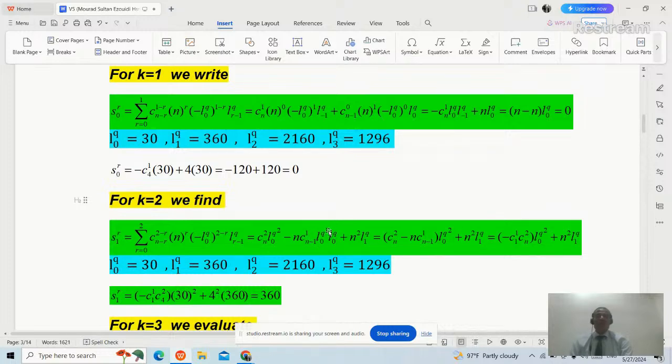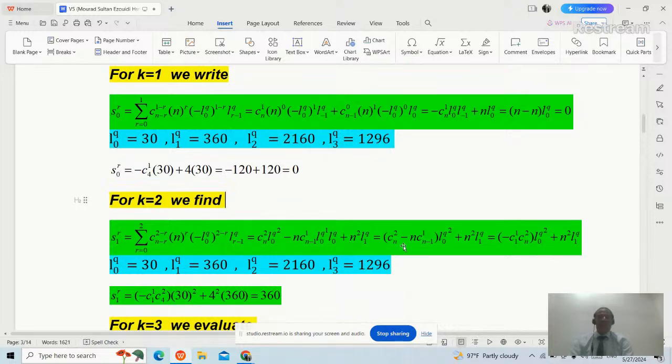Of course, this one is raised to the power 1, because 2 minus 1 is 1. Therefore, plus, when r equals 2, you will get n squared L1 of the q. Learners, you can see that L0 of the q times L0 of the q, in fact, is L0 of the q all squared.